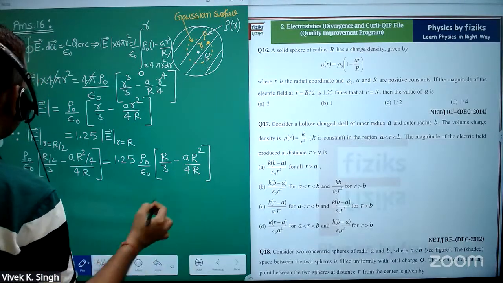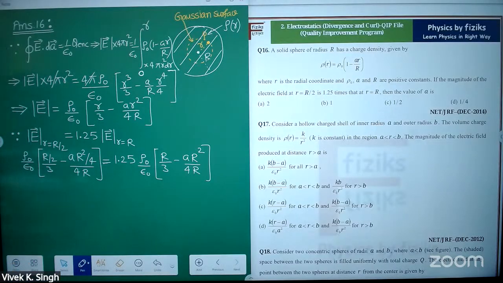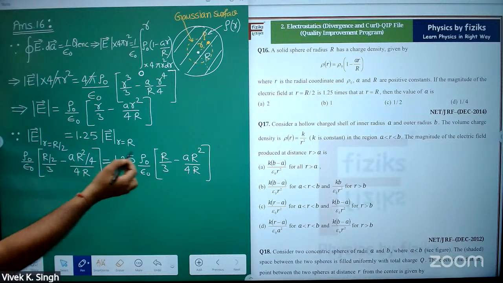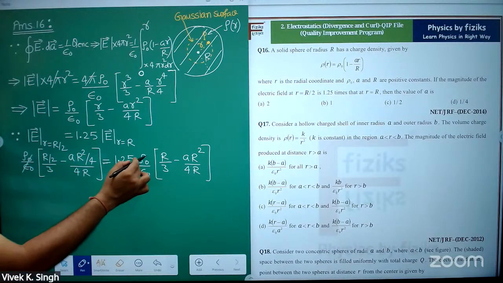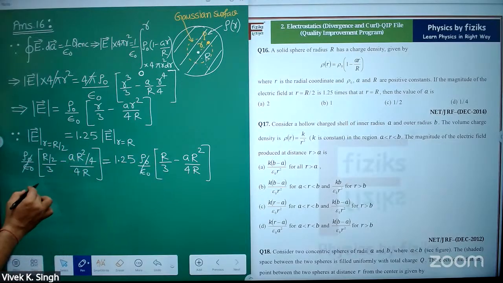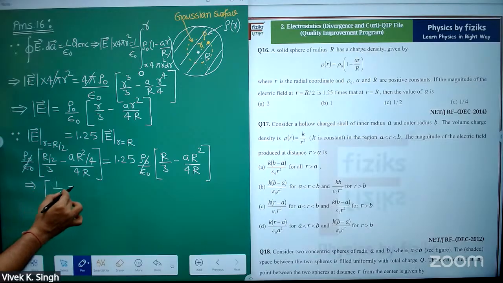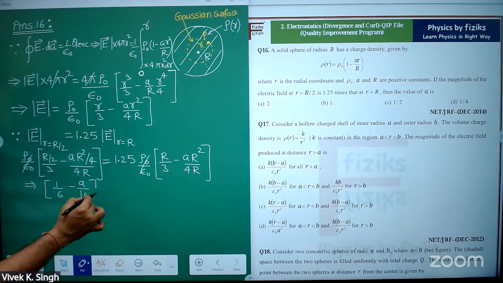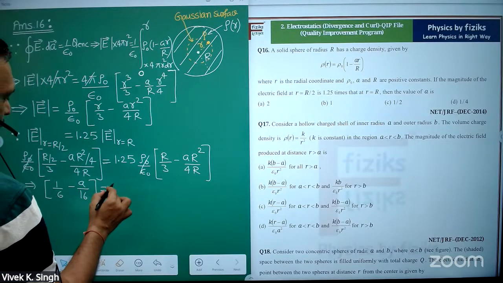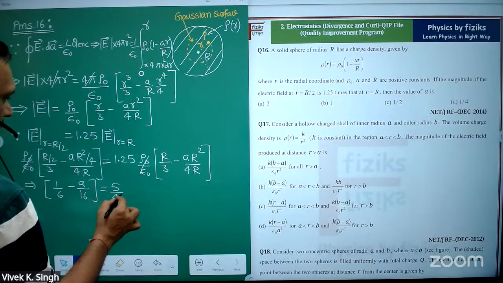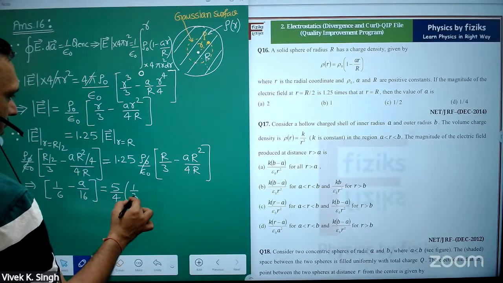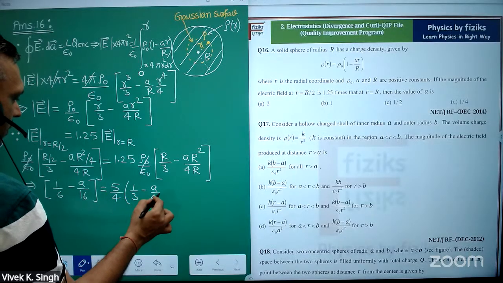Now you have to solve this. Let's see what value you will get. Rho naught by epsilon naught will cancel out, and R will also cancel out. So this gives 1 by 6 minus a by 16, and this equals 1.25, which is 5 by 4, times (1 by 3 minus a by 4).